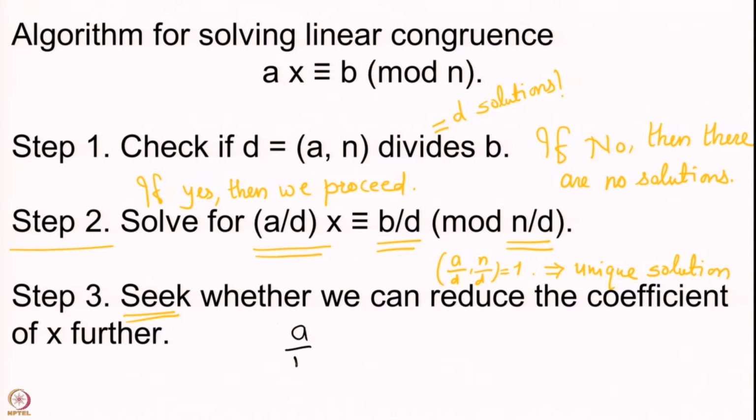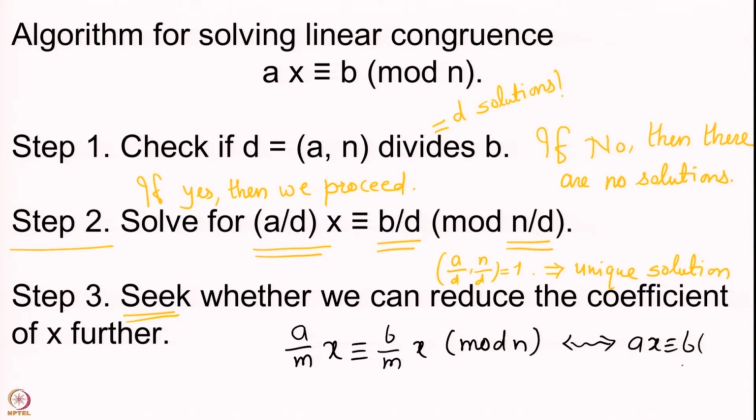So, you can look at amx congruent to bm mod n. Solutions to this are related to solutions to ax congruent to b mod n.